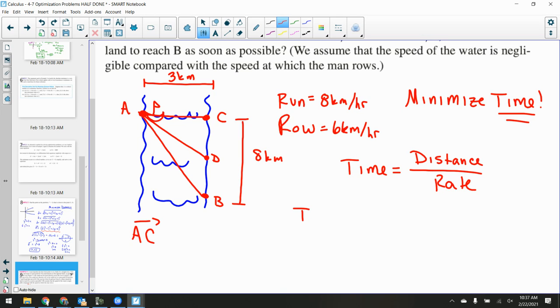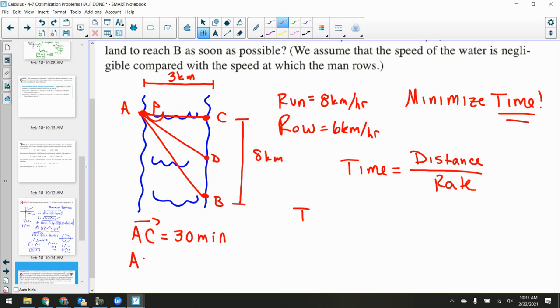Well, I'm going 3 kilometers and I'm rowing at 6 kilometers per hour. How long is that? 30 minutes. Okay, just making sure.